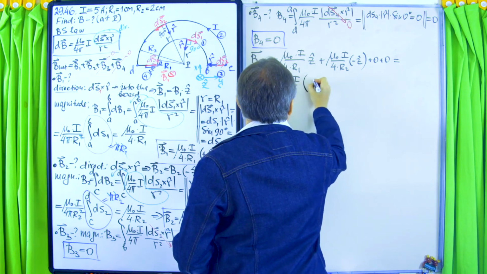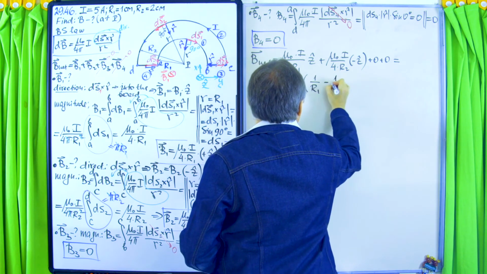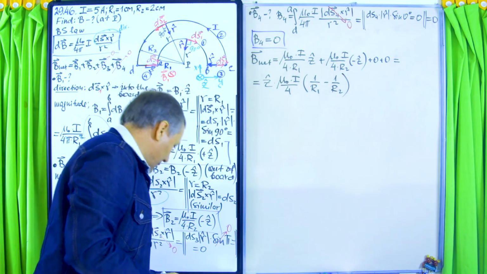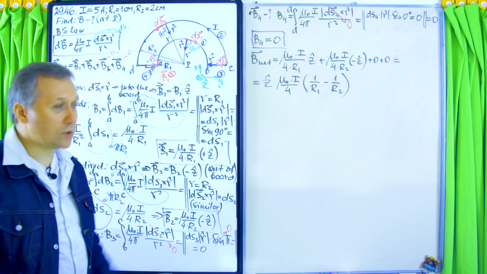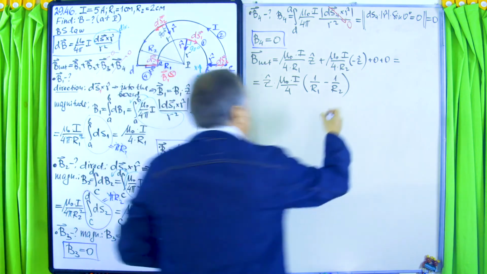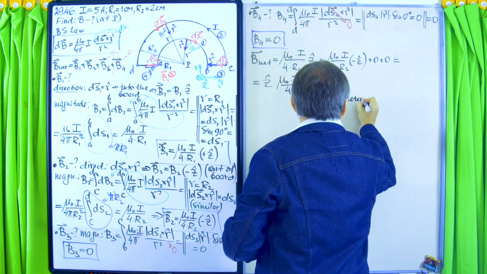And what will be inside? It's 1 over R1 minus 1 over R2. Let me check. Yeah, it sounds correct. So you can plug in numbers. Again, don't forget to convert to meters. So this must be in meters.